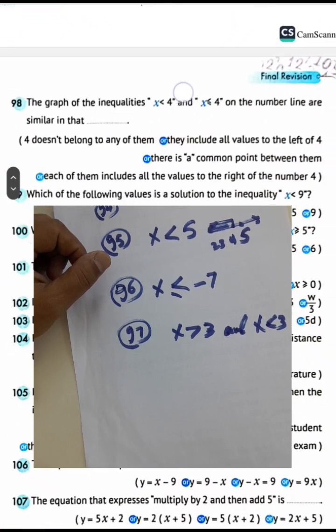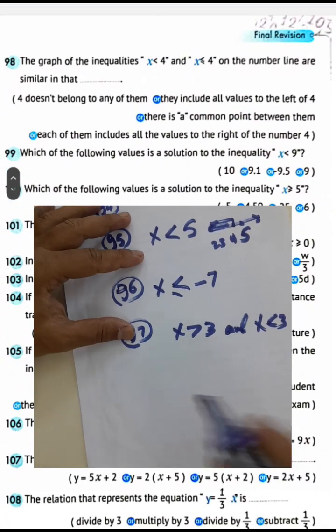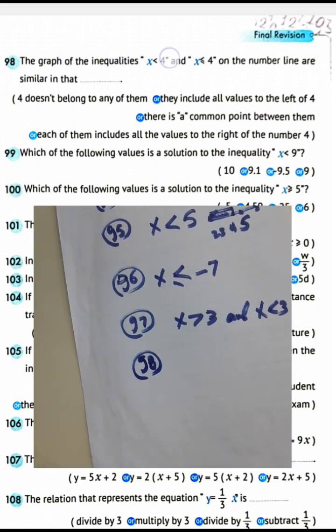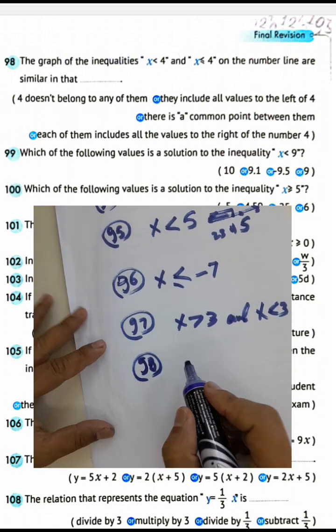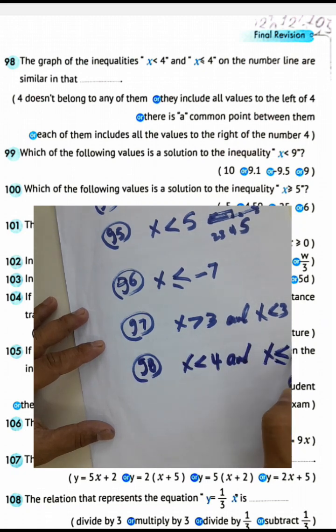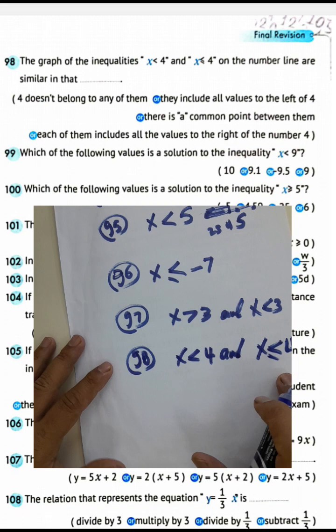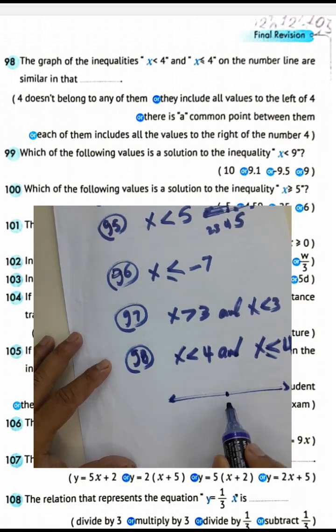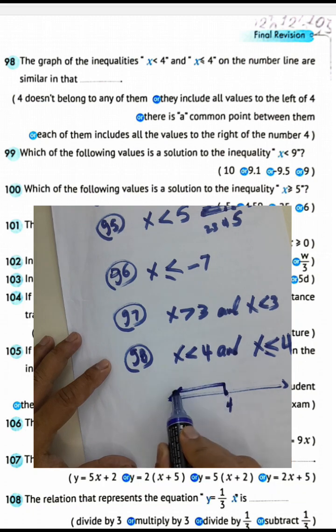Question 98. The graphs of the inequalities x less than 4 and x less than or equal to 4. It means 4 belongs to the solution set. We can draw the number line here, 4 to the left hand side.